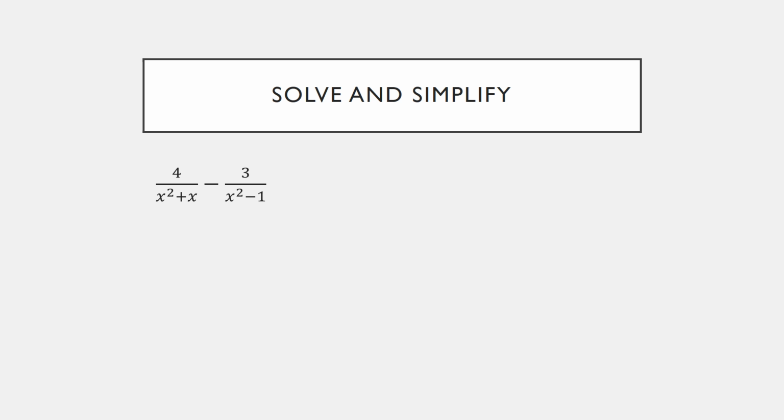Okay, now to add and subtract, we need to remember the denominators have to be the same. So again, we start just by factorizing. So we have 4 over x, x plus 1, minus 3 over, this is a perfect square, (x plus 1)(x minus 1).